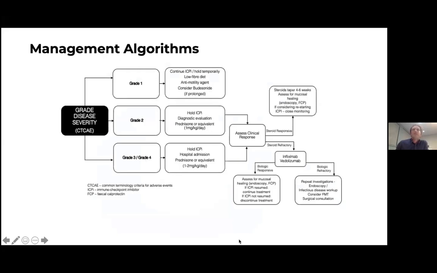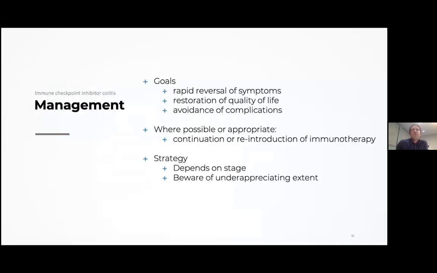So just to talk about goals of management, maybe I'll just go to this slide and then go backwards. There are a lot of algorithms that have been put out. They all virtually amount to the same thing. But the principle of management is dependent on grade. Grade 1 disease, if it was diarrhea less than 4 bowel movements from baseline, is typically, as I said, managed as an outpatient.